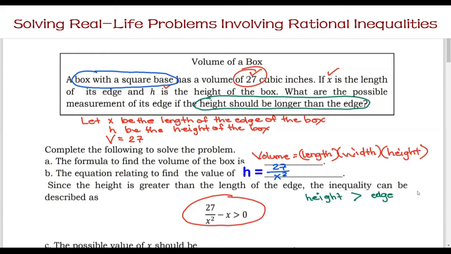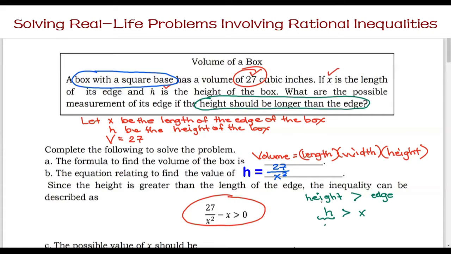So we write the variables. What variable are we using for the height? h. h should be greater than the edge. What is the variable for the edge? x. And from letter B, what is h? Our h is 27 over x squared. So you replace h with 27 over x squared.